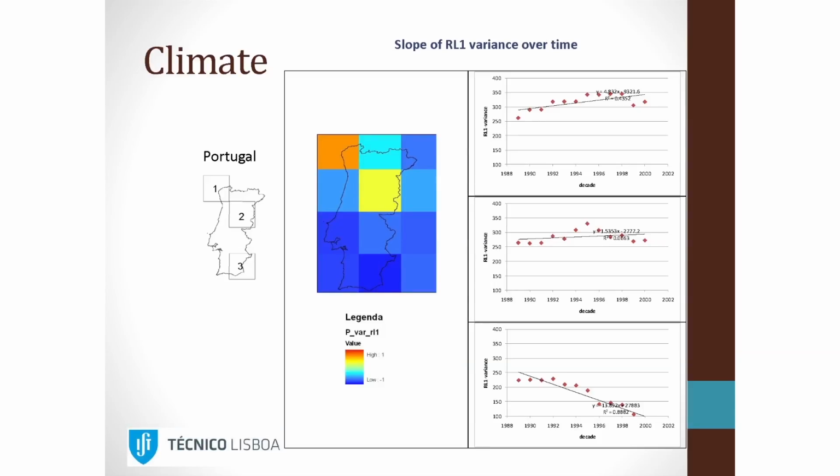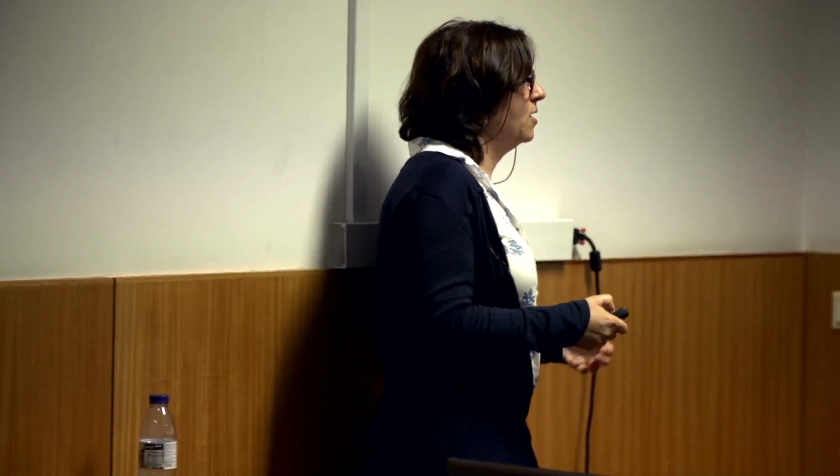What does the decrease of the variance mean? Because we are talking about places where we have more drought, it means the drought is becoming more stable. We will have drought, so the indicator is not changing, and the drought is becoming more persistent. That's what it indicates.